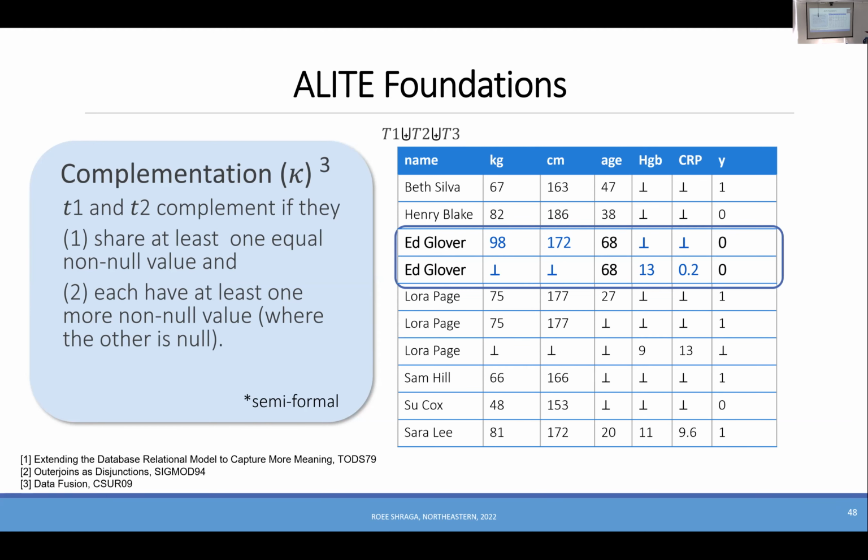However, in complementing tuples, one tuple has non-null values where the other one has a null value, and the second one also has some non-null value where the first one has a null. These operators look intuitive and straightforward, but they have very efficient implementations in practice that we can use as part of our algorithm.